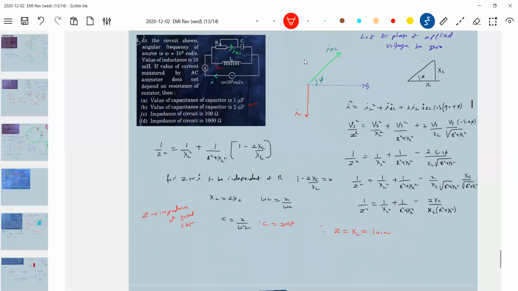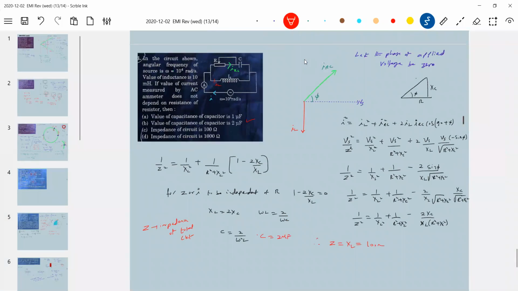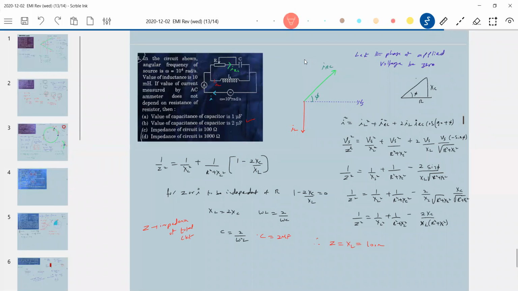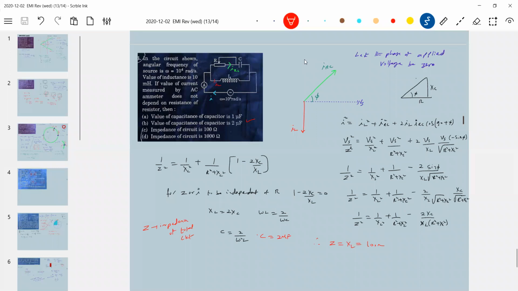Actually, if you check the Advanced paper, they have asked a parallel circuit only once, not many times. But if you look at the exams, we do give more parallel circuit questions, because in parallel circuits many good questions can be asked. But in Advanced, it has come only once. I think we should be a little bit alert.